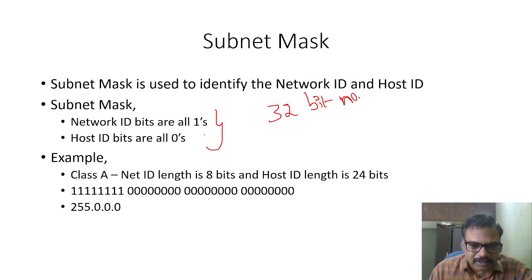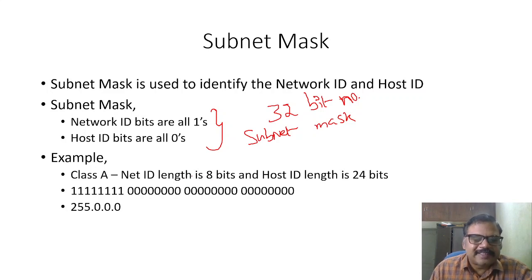Before that, just note it: in a 32-bit number, if all the network ID bits are 1 and all the host ID bits are 0, then that address is called a subnet mask. So the main purpose of using a subnet mask is to identify the net ID and host ID length. Looking at an example will make it clear.